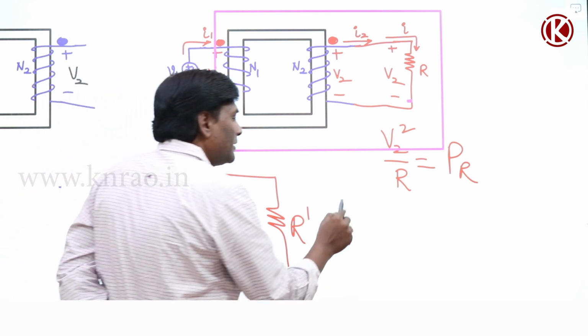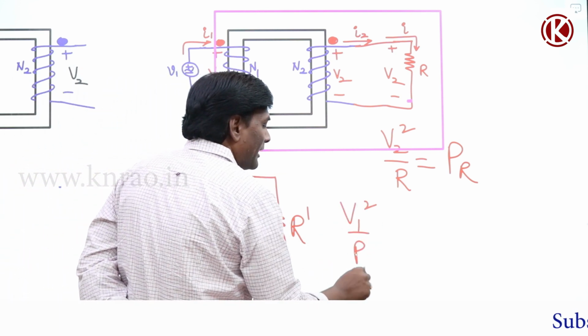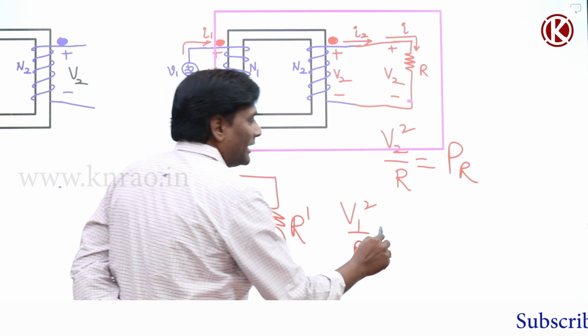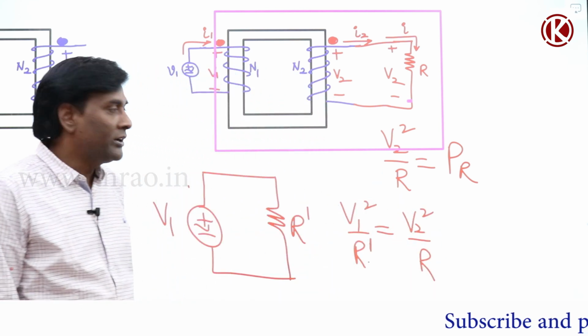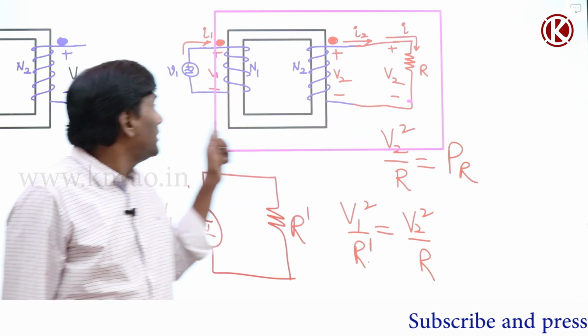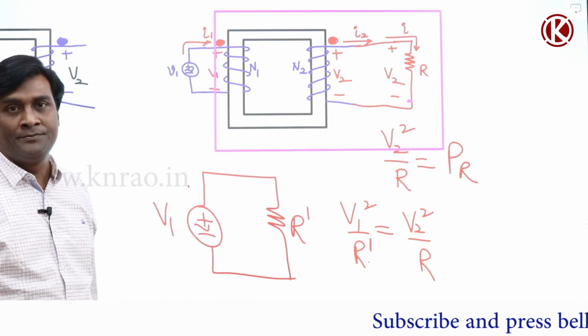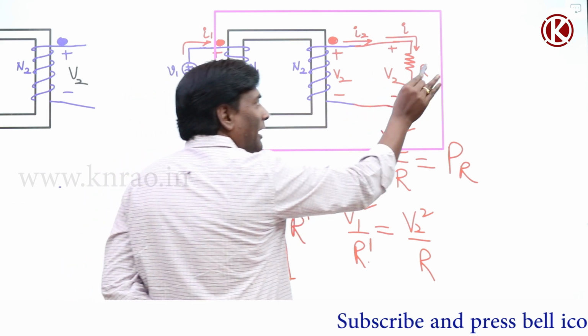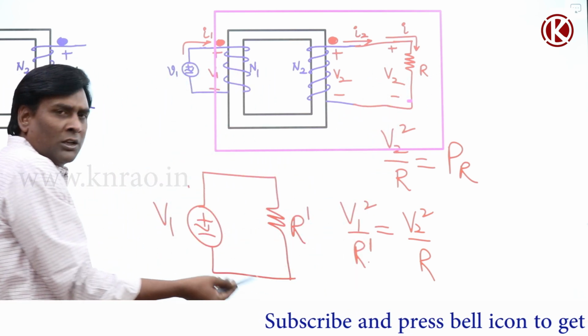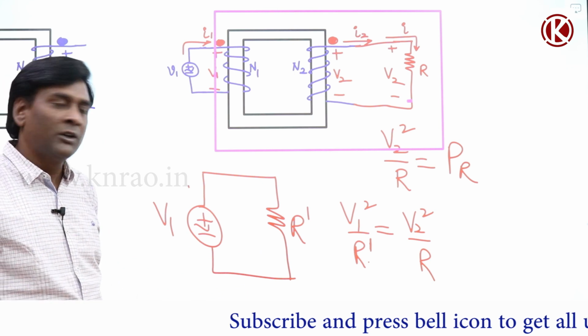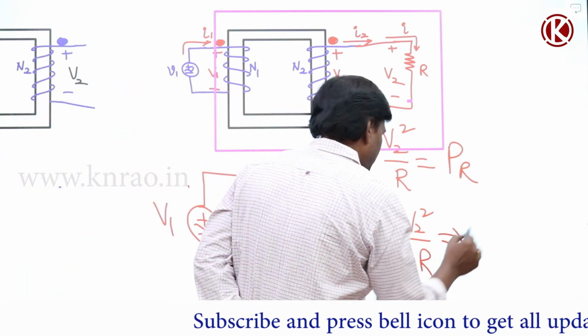The same power absorbed here should be the power delivered here. So V2 square by R is the power absorbed here, and V1 square by some R dash is a virtual model. Now how much is R dash?